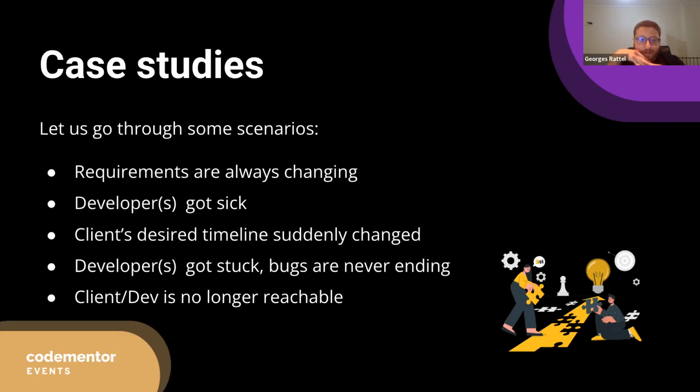Now, in case the client's desired timeline suddenly changes because of some investor requirement or market need, etc., it's important for this to be communicated transparently and directly to the developers, and for a plan to be in place to prioritize which features need to be done first.